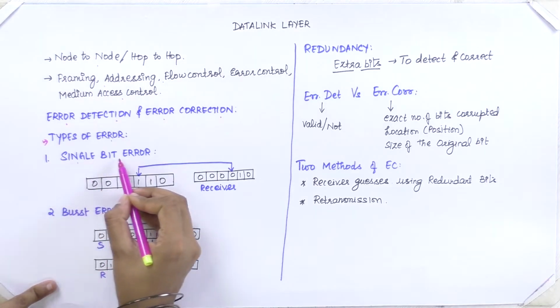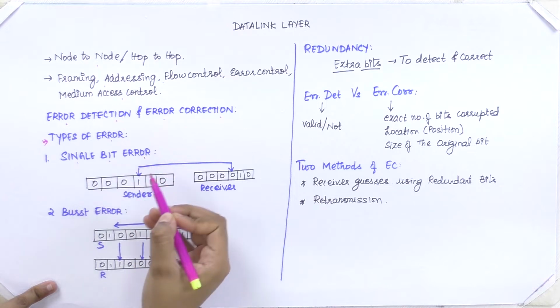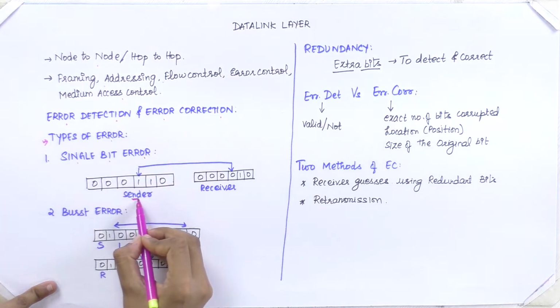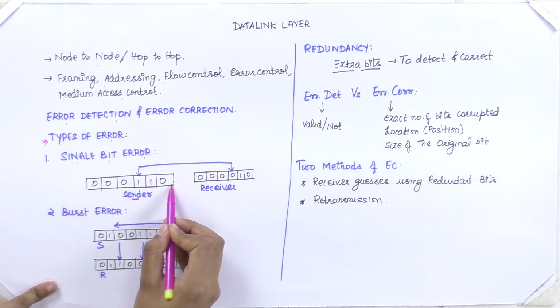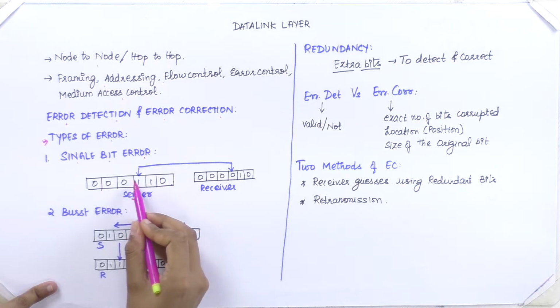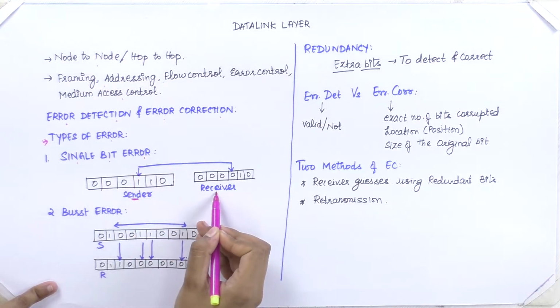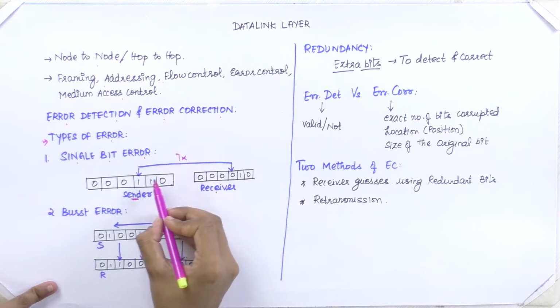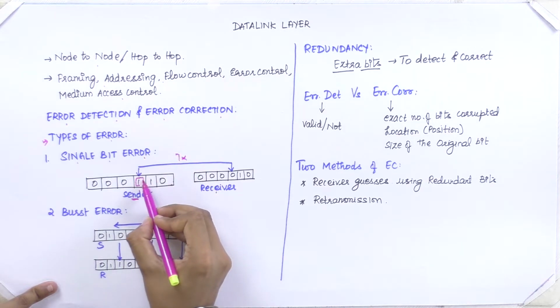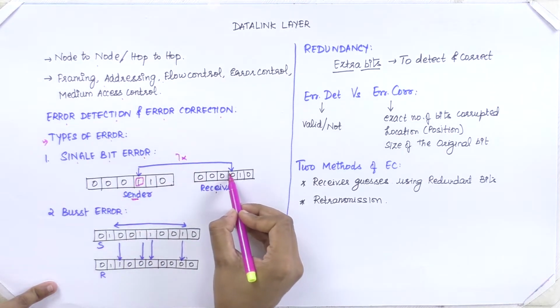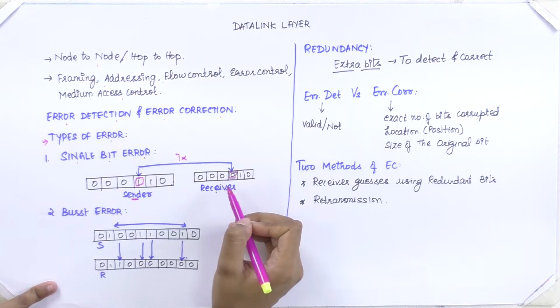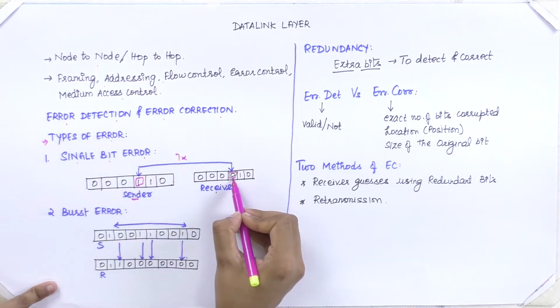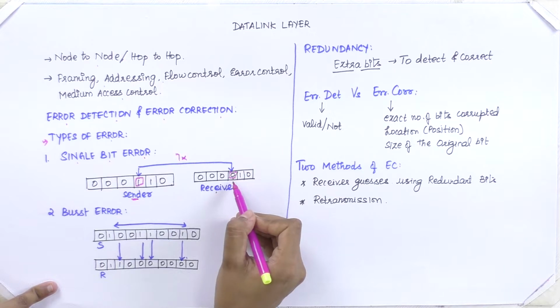First, you have the single bit error. This is my sender data, in terms of bits. Now I am sending this to my receiver. During transmission, you can see that this data has changed, which means this bit got corrupted.